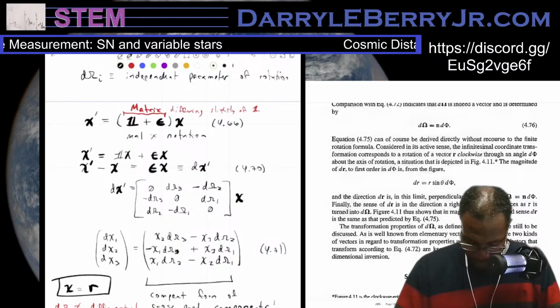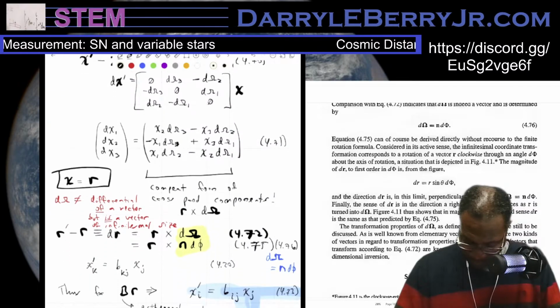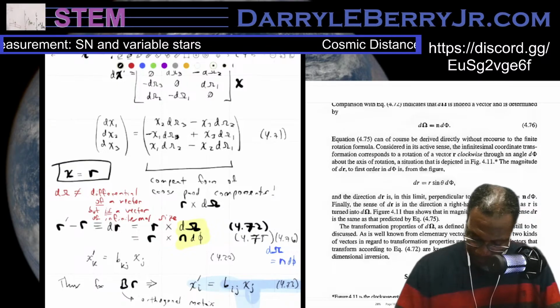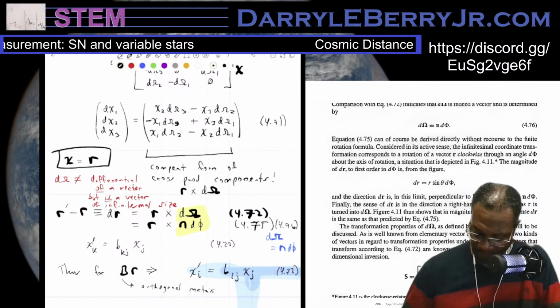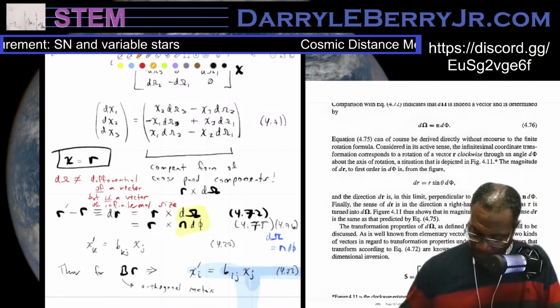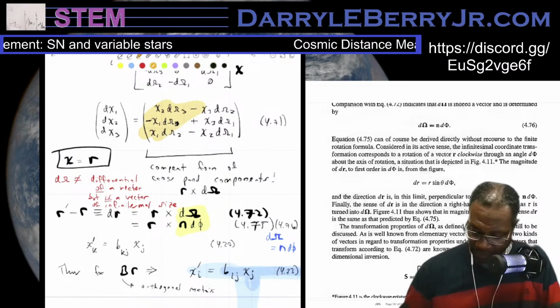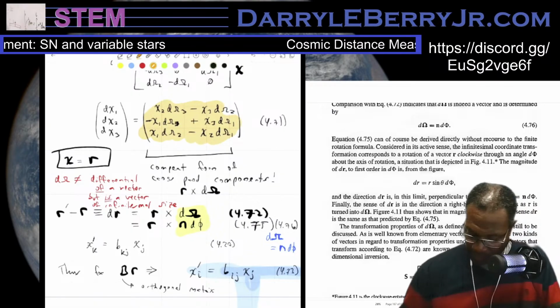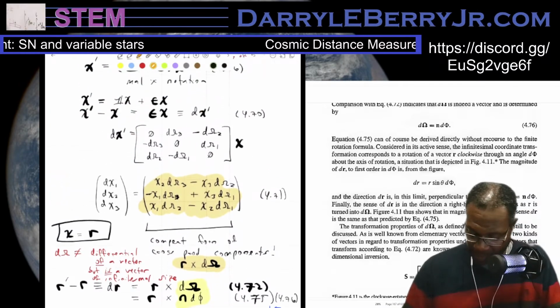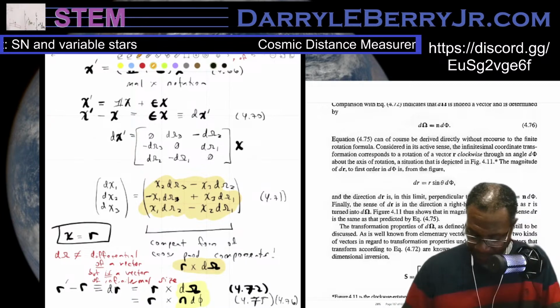So the infinitesimal rotation. Okay, I forgot. This matrix is the same thing as R cross d theta, like the form of the result is in the form of a cross product.